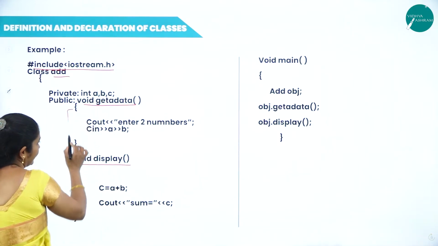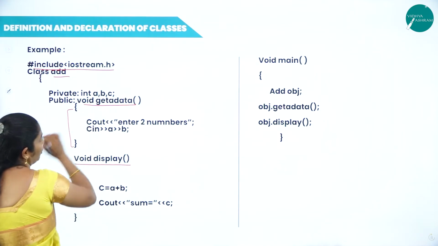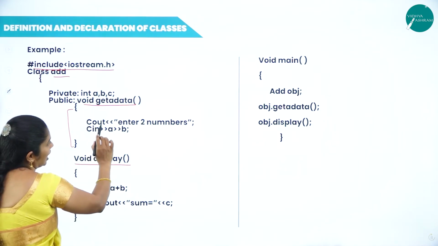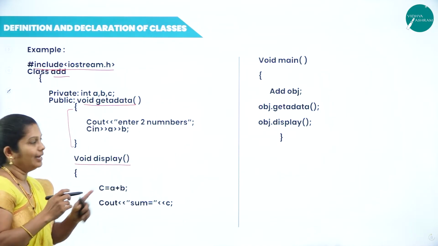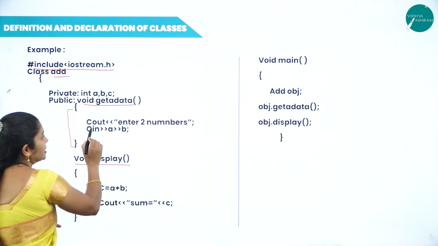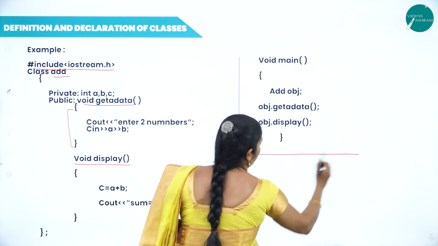In void getdata, we have statements inside the class definition. Here we will open one bracket. Here, cout, insertion operator. Inside the double quotes, we will write "Enter two numbers". Cout stands for output statement. Consider this is my output screen.